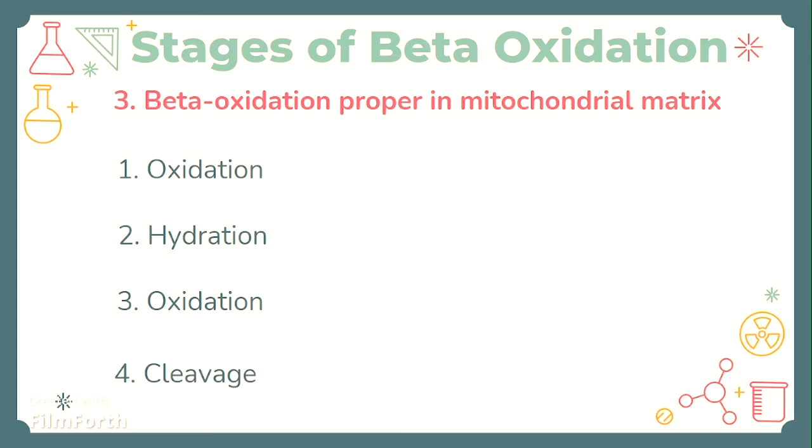The second reaction is the hydration. It is when enoyl coenzyme A hydratase brings about the hydration of the double bond to form beta-hydroxyacyl coenzyme A. The third reaction, which is the oxidation, is when beta-hydroxyacyl coenzyme A dehydrogenase catalyzes the second oxidation and generates NADH, from nicotinamide adenine dinucleotide.